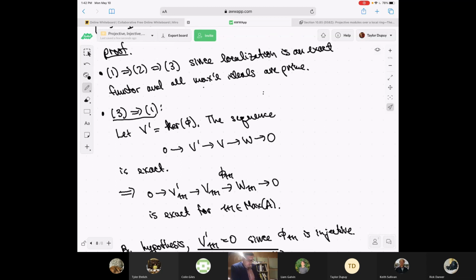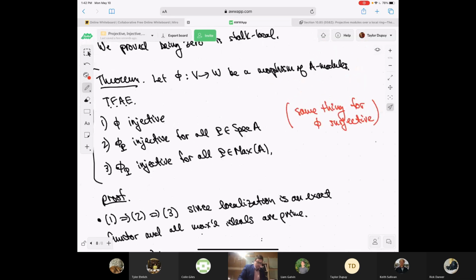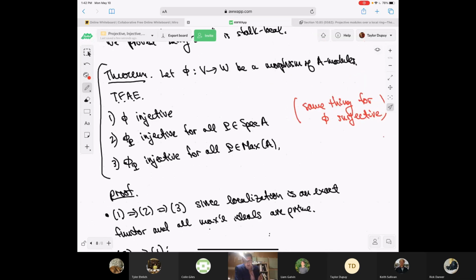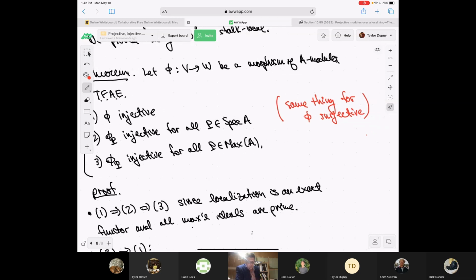So let's do the red one. What was the strategy? The strategy is I'm going to reduce it to the case where I test if a module is 0 by looking at the kernel, and then use that localization is an exact functor. What should I do to show that something is surjective? Look for the case where the image is 0.